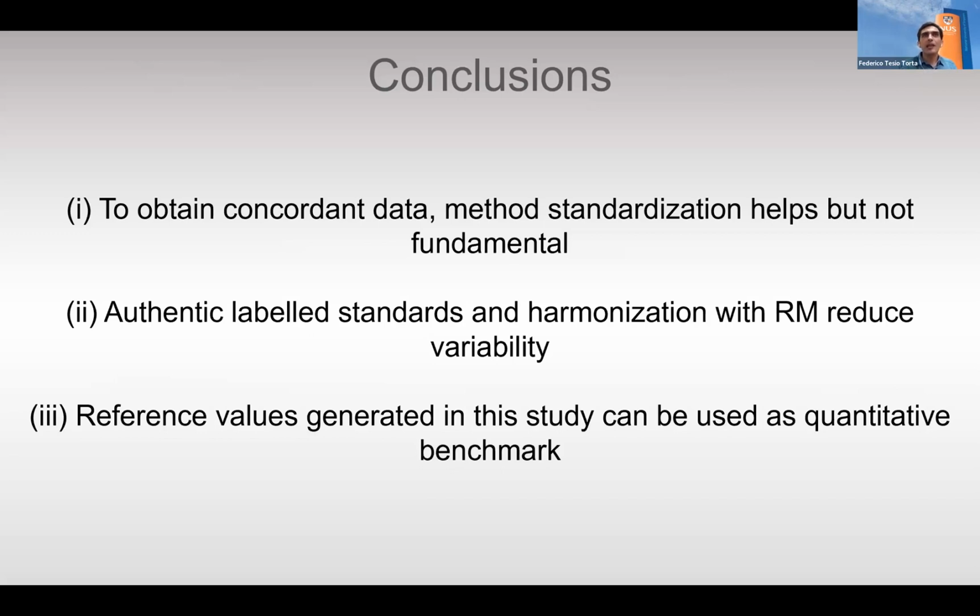Another point is that the authentic labeled standards and the harmonization procedure with the reference material significantly reduced variability between measurements. And finally, the reference values generated in this study can be used as a quantitative benchmark for future measurements.